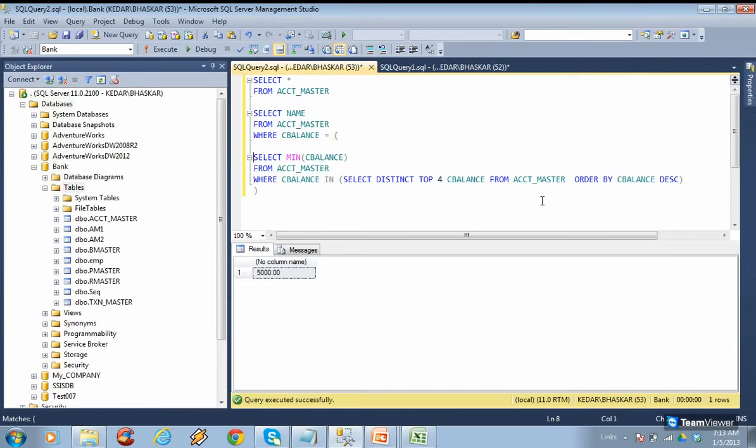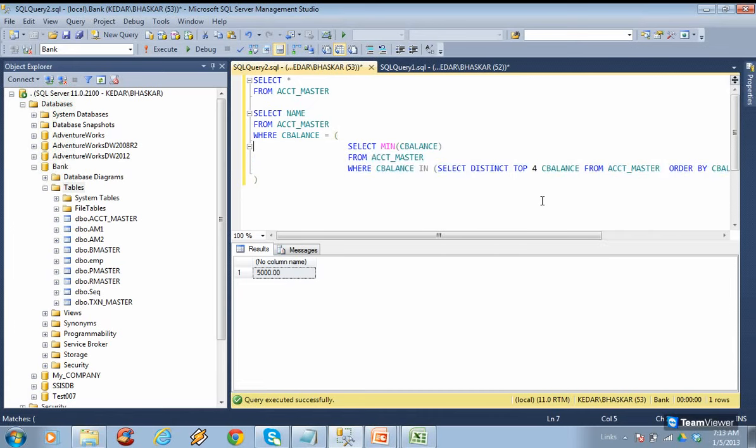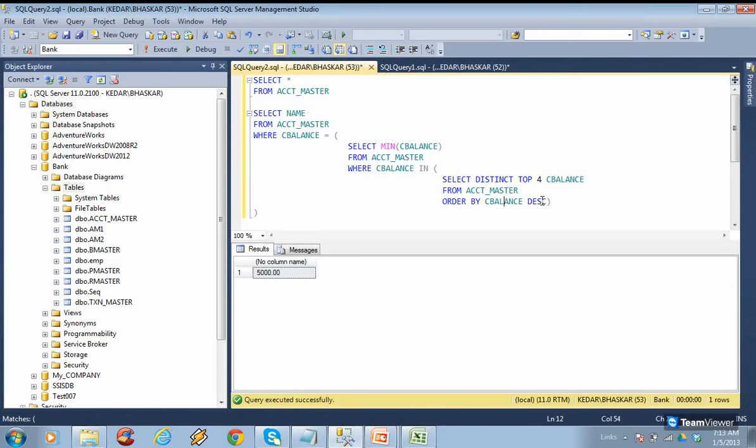And here we have another subquery. So the brackets and all, you have to keep very clear. This will give you the person who is having the fourth highest balance, Venkat Rao.